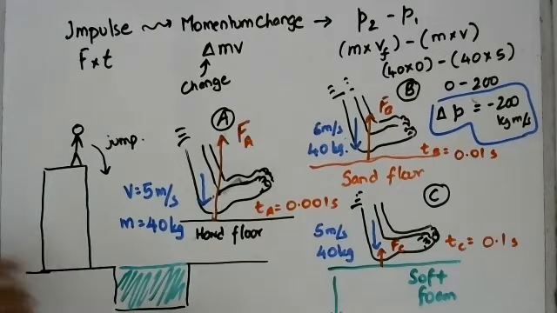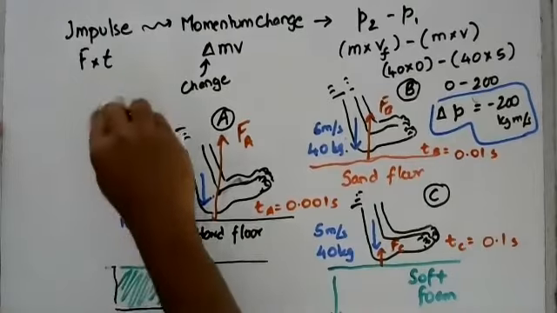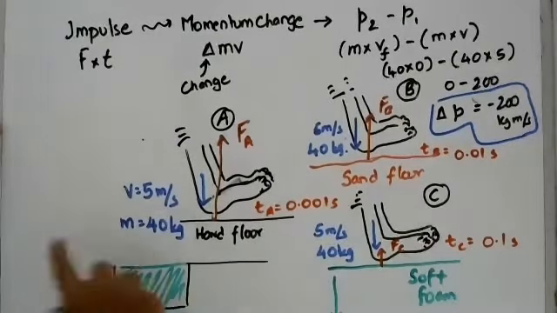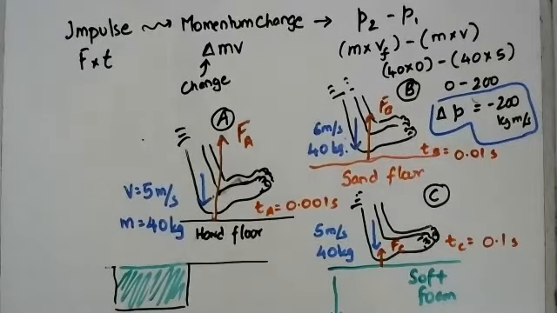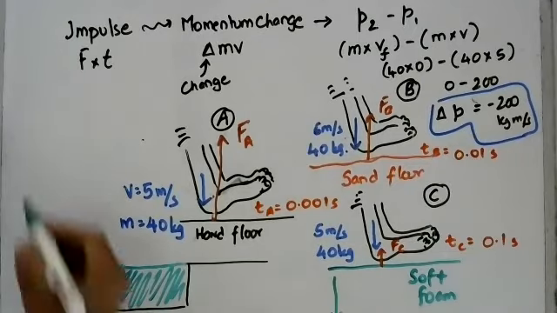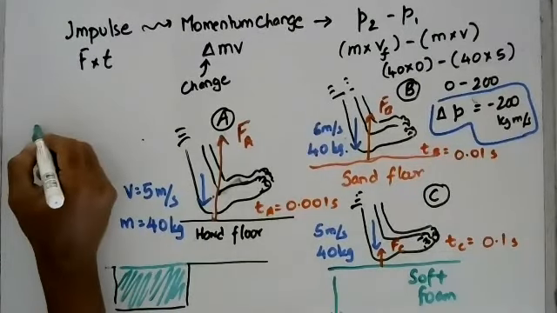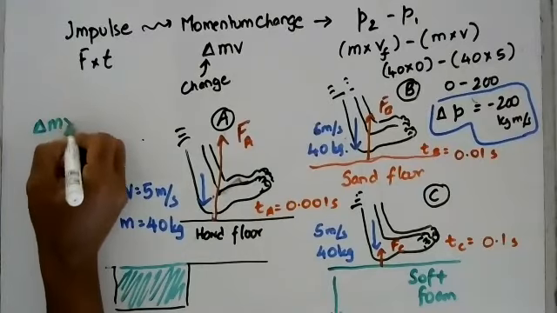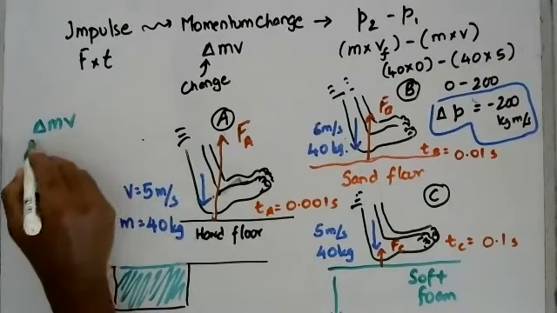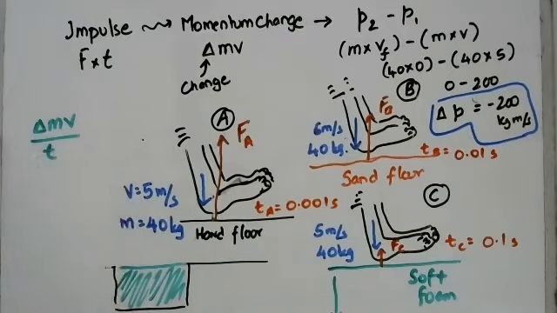The rate at which the momentum goes down is change in momentum, delta P, divided by the time required for the change in momentum.